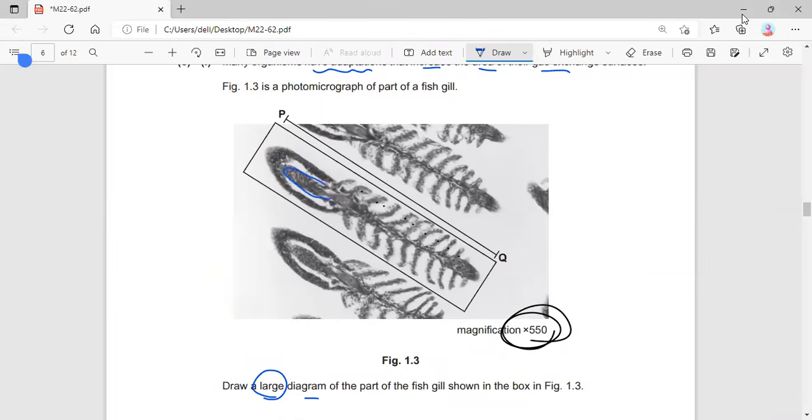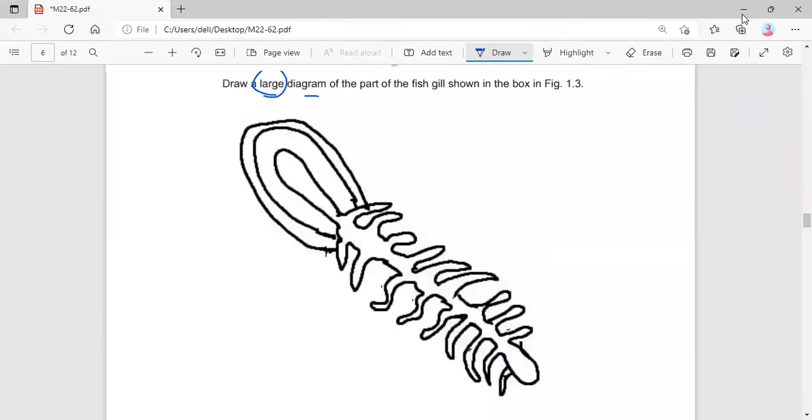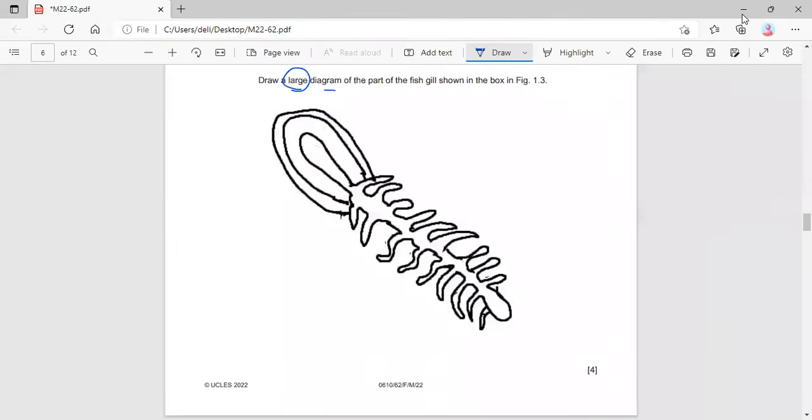There is two semicircles, and this semicircle, I should draw a double line to show its thickness. And then I have branches on both sides, 1, 2, 3, 4, 5, 6, 7, 8, 9, 10, 11, 12, 13, 14, 15, 16, 17, 18, okay? So I drew it like this. What are my rules?